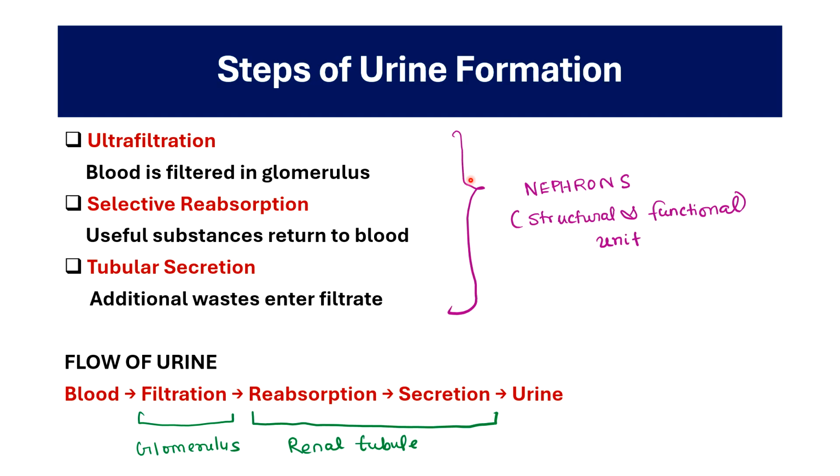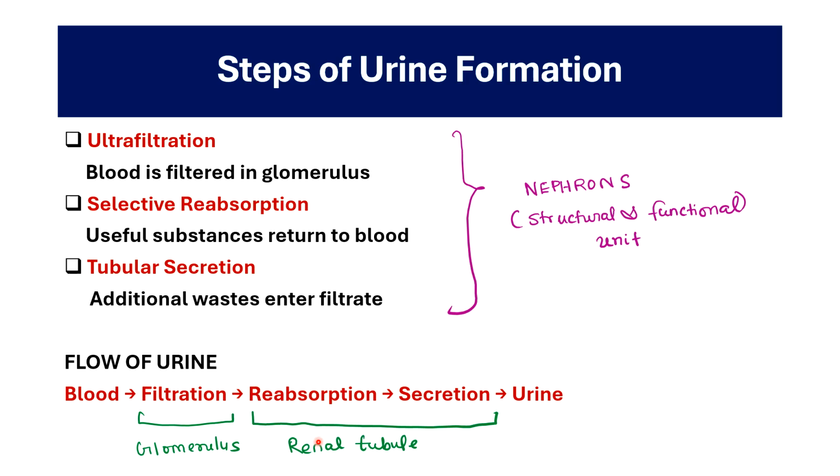The main site for urine formation are nephrons, that are the structural and functional unit of kidney. The formation of urine takes place in three main steps. The first one is ultrafiltration. Here the blood is filtered under very high pressure and it takes place in glomerulus. Second step is reabsorption.